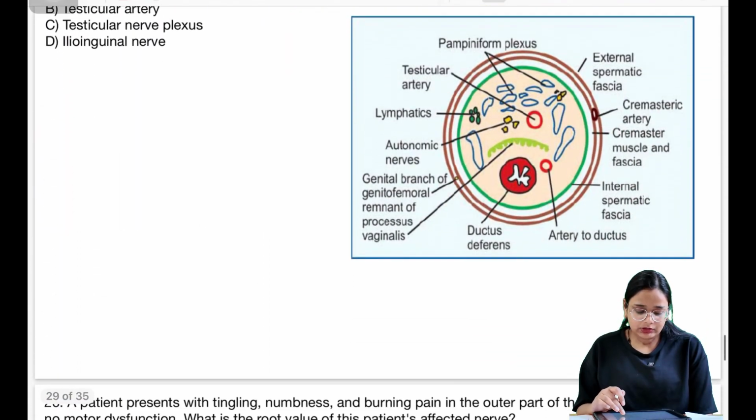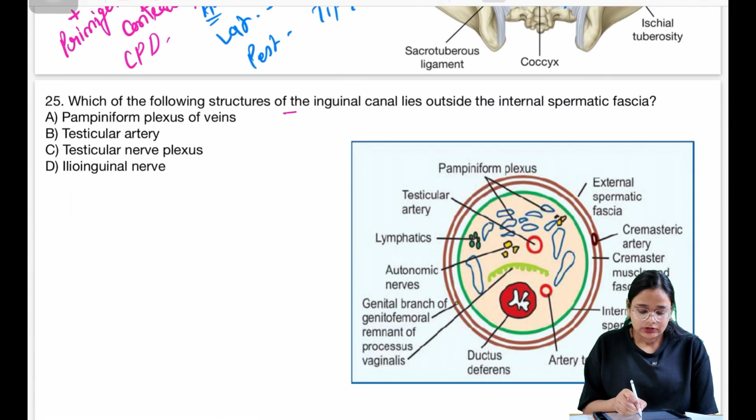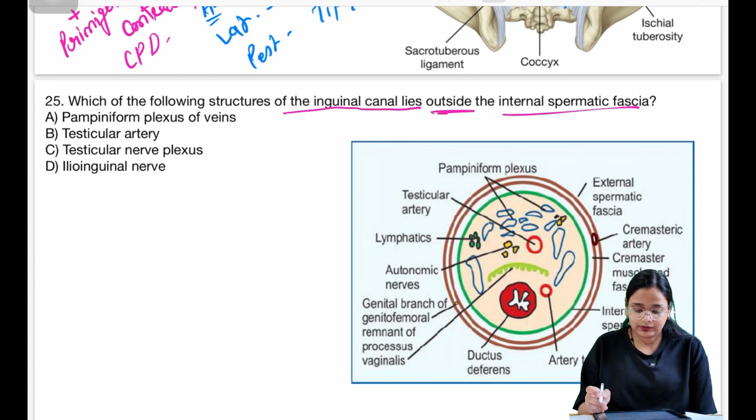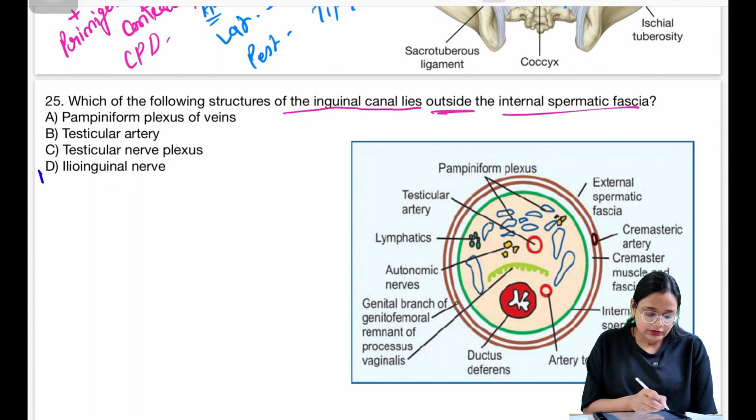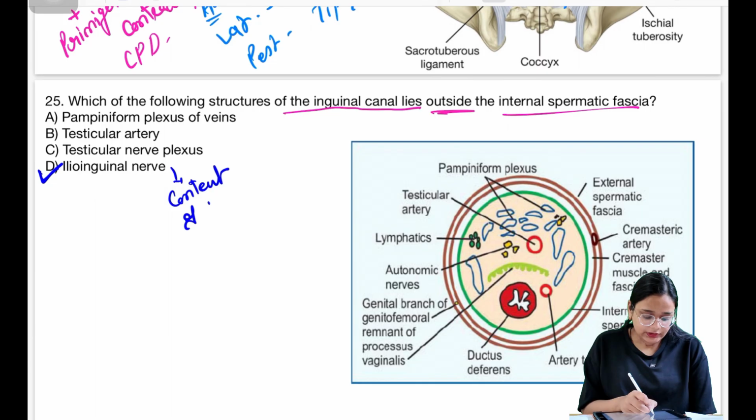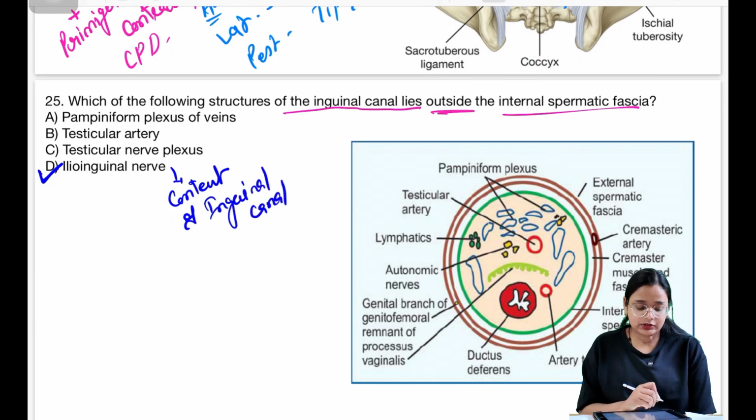Question number 25, which of the following structures of the inguinal canal lies outside the internal spermatic fascia? The correct answer is ilioinguinal nerve, because it is a content of the inguinal canal, present just inferior to the spermatic cord, but it is not a content of the spermatic cord, that's why it is present outside the internal spermatic fascia.